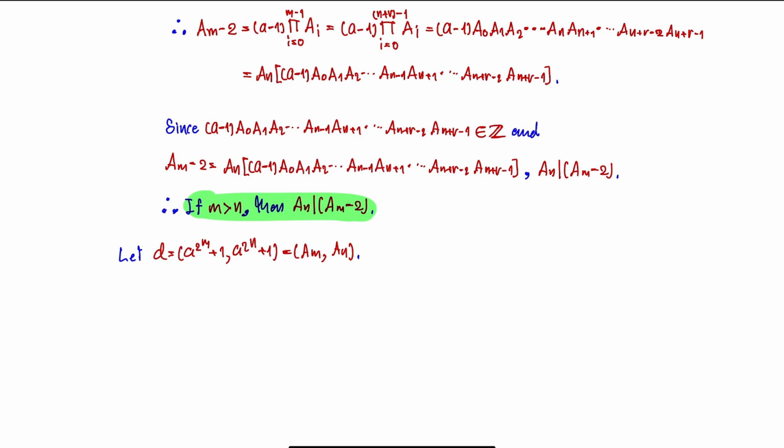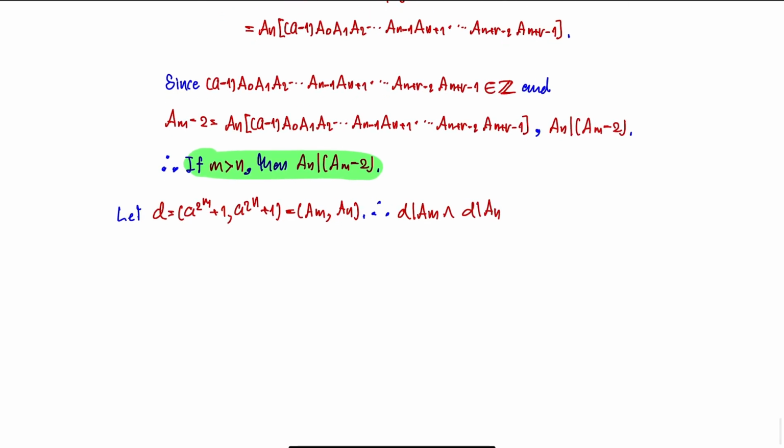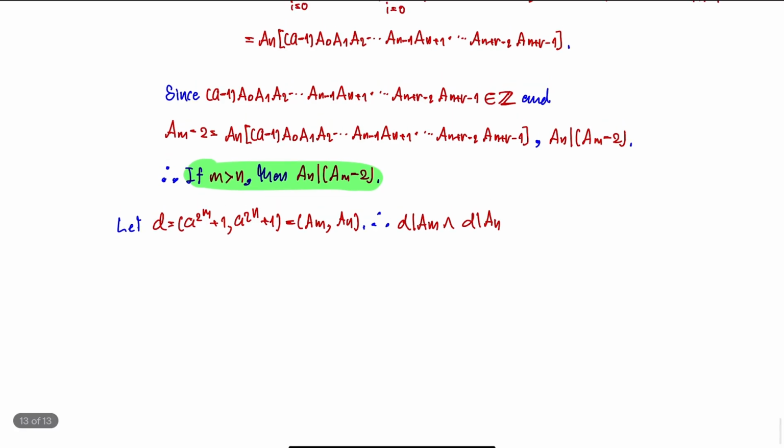Since d is this greatest common divisor, d divides a_m and d divides a_n. Then we have a_n divides a_m minus 2, and d, the greatest common divisor, divides a_n.